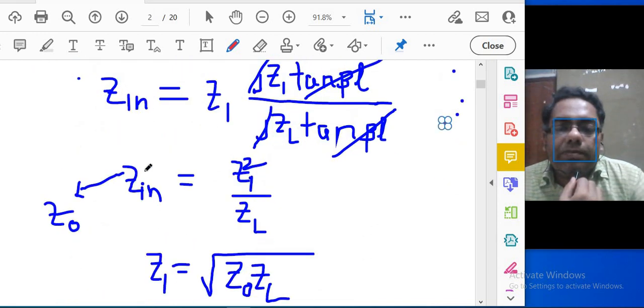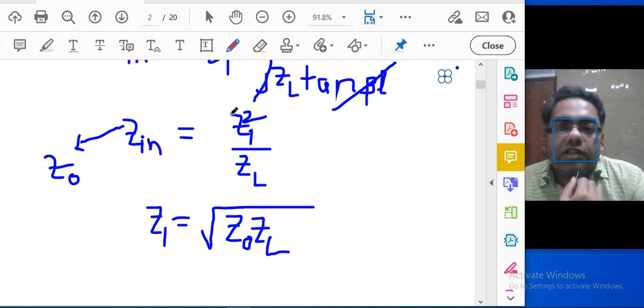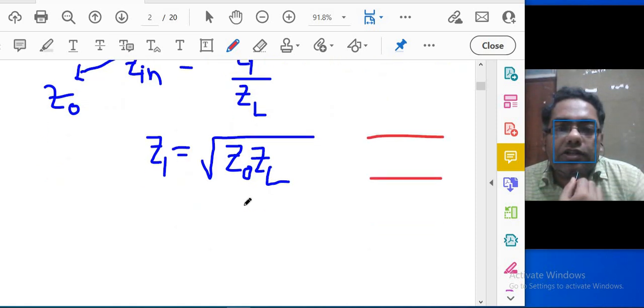So my input impedance should also be equal to Z0. So if we do like this, Z1, the characteristic impedance of the quarter wave section line that we added, is given by the expression root over Z0 ZL.